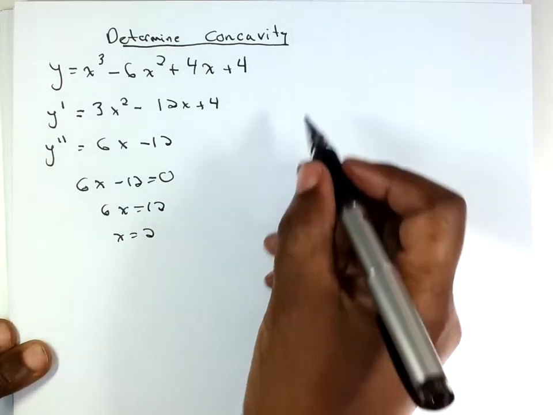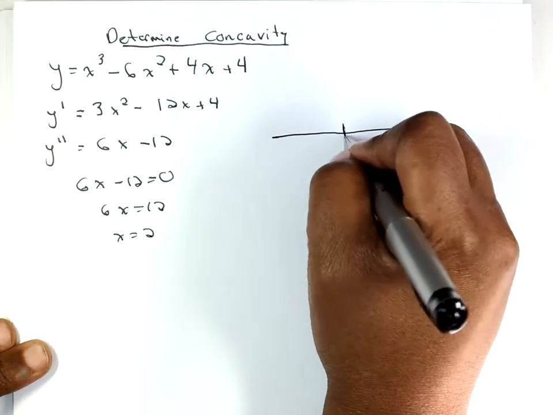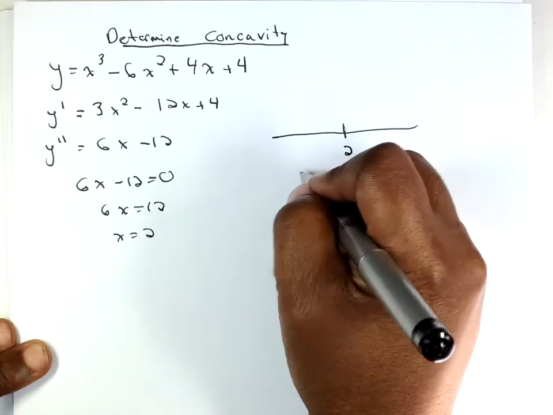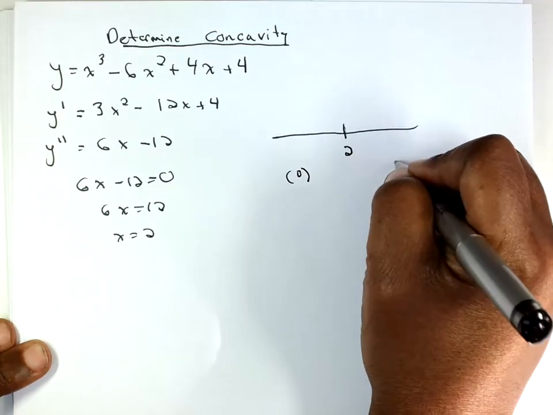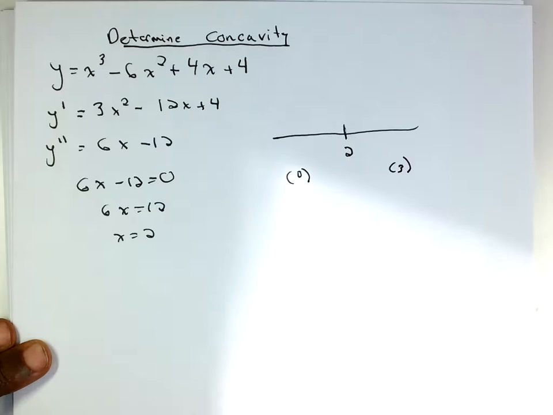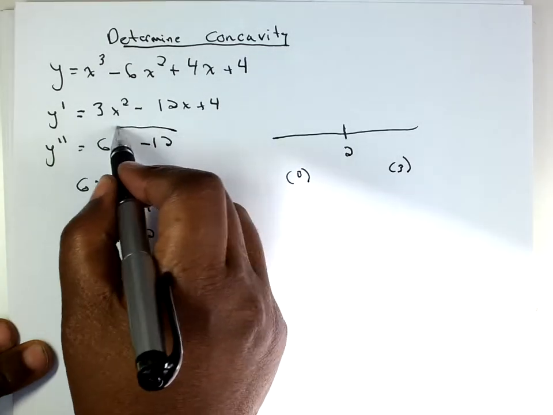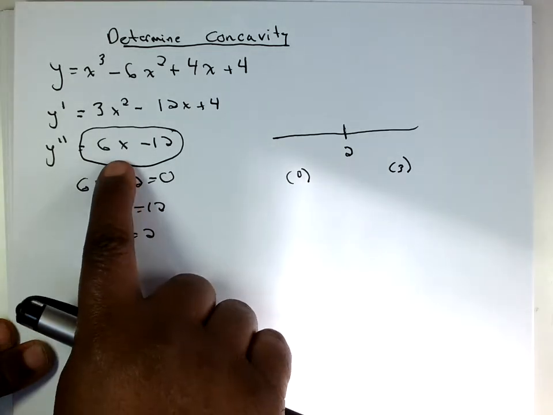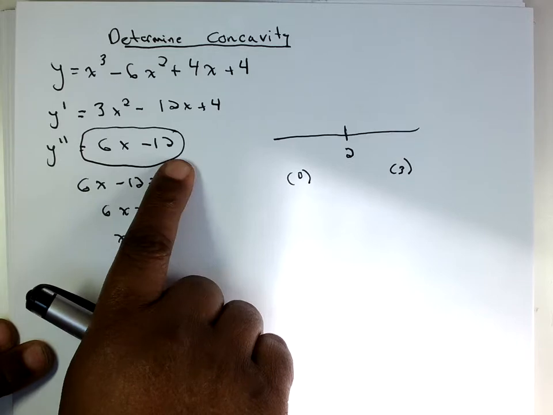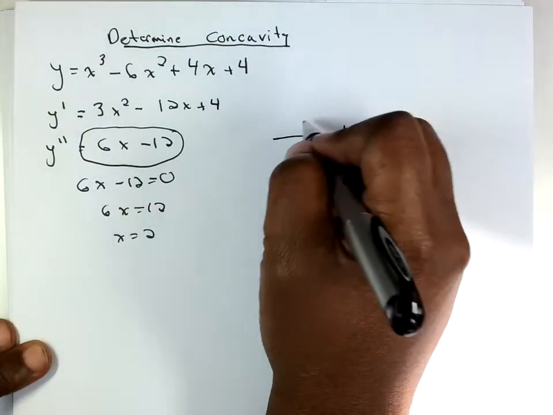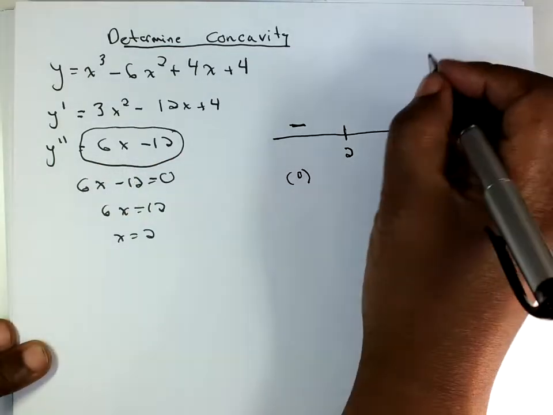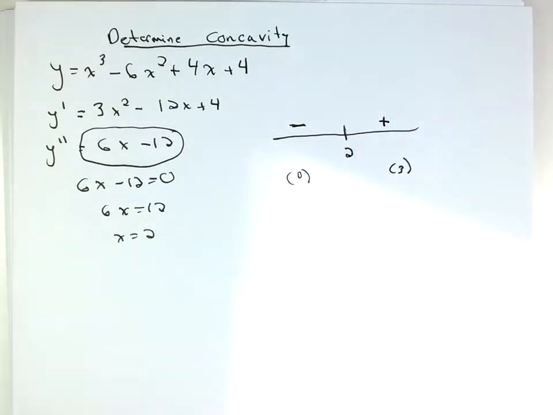So I have to check around 2. So I need to pick something to the left of 2 and to the right of 2. So I'm going to pick 0, just because it's always an easy thing to pick. And then 3. So here's my second derivative, and that's what I'm plugging 0 and 3 into. So when I plug in 0, I get a negative value. And when I plug in 3, 18 minus 12, I get a positive value.